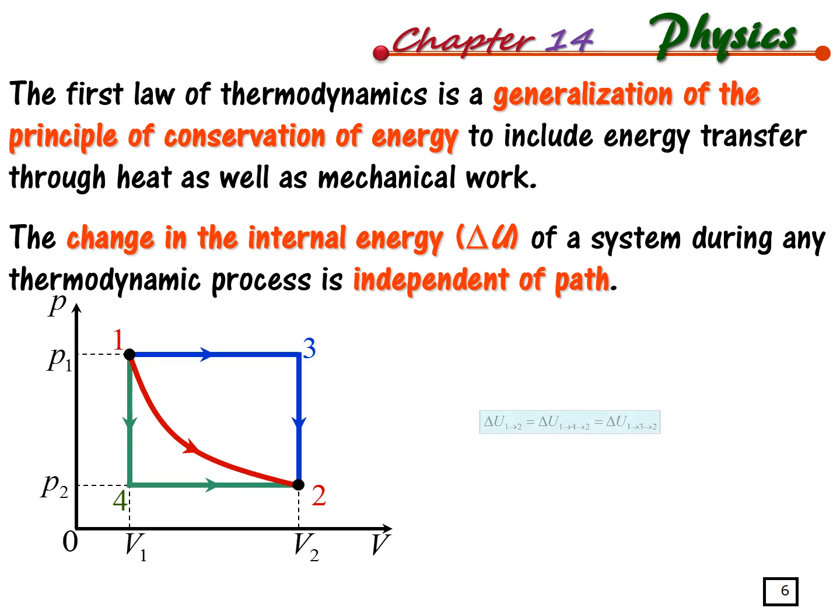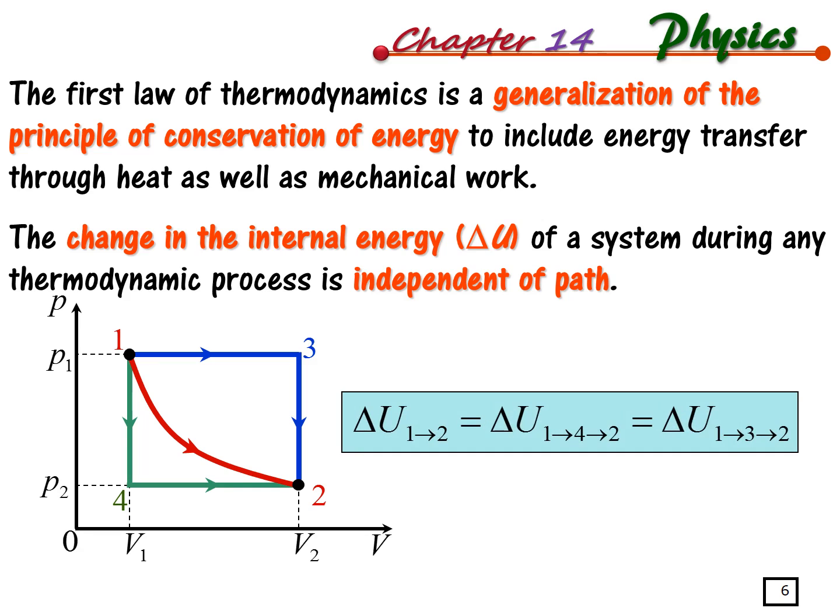Therefore, the change in the internal energy of the system or the gas, delta U from 1 to 2 through the curve, delta U from 1 to 4 to 2, and the last one delta U from 1 to 3, 3 to 2, are the same, since the initial and the final state of the gas are the same.